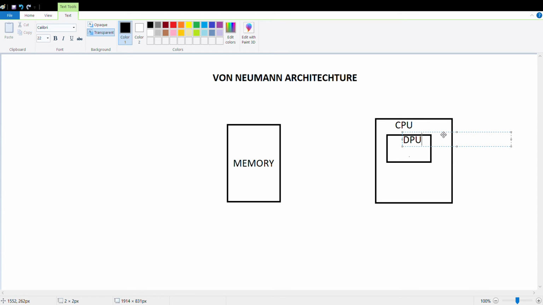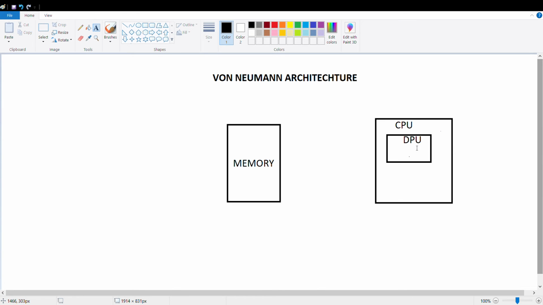And in the DPU we'll be having the other part, that is the ALU. I hope you all know what is meant by ALU, though we'll see what ALU means.